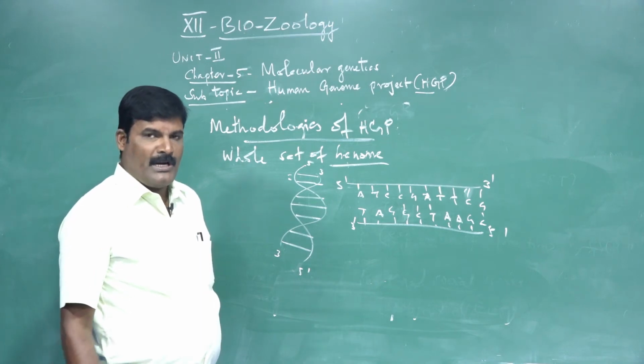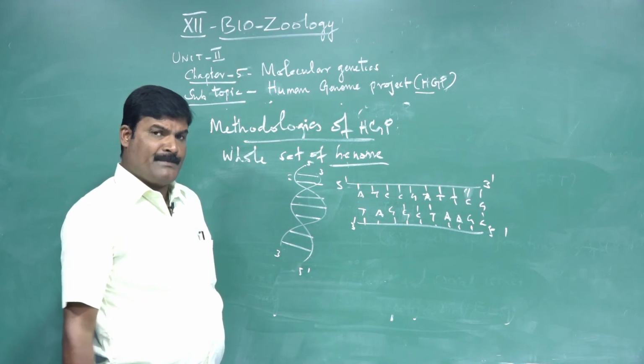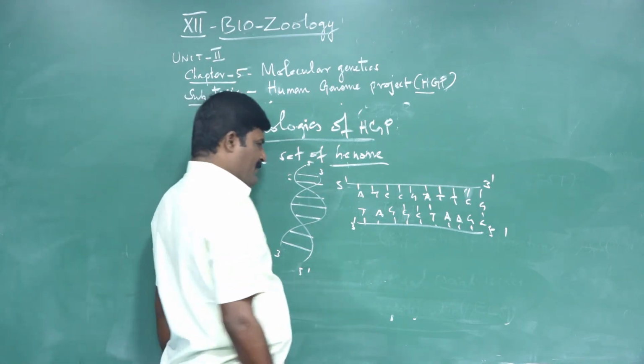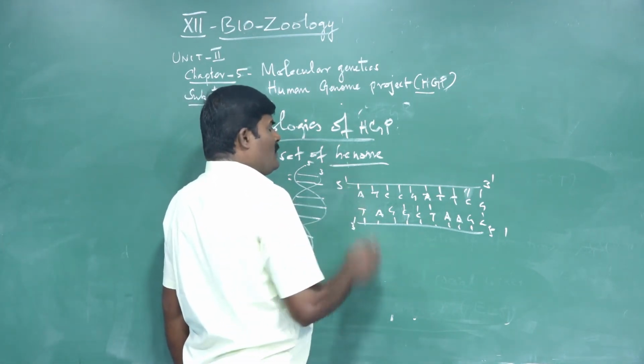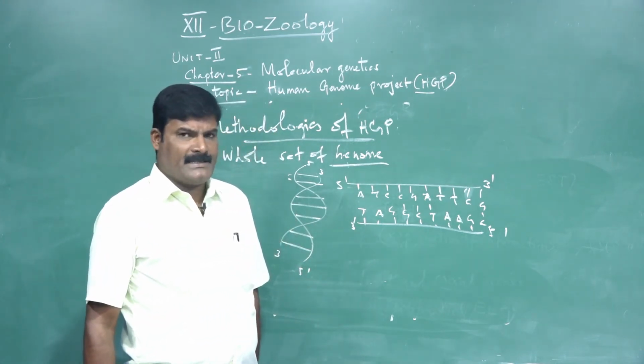Now these are base pairs of the nucleotide sequence. A nucleotide is made up of pentose sugar, nitrogenous base and phosphoric acid or phosphate group. The nitrogenous bases are of two types: purines and pyrimidines.